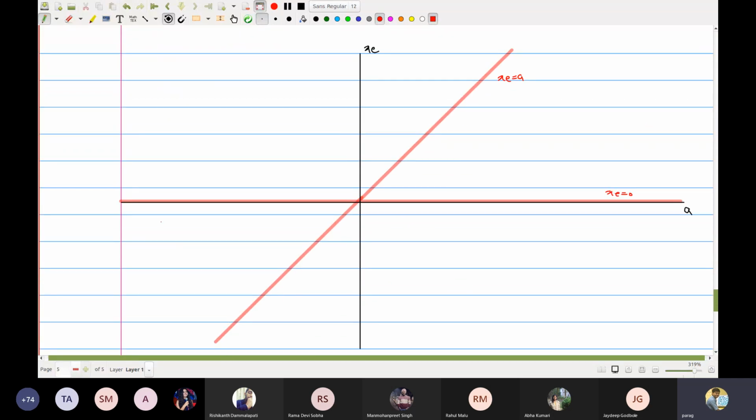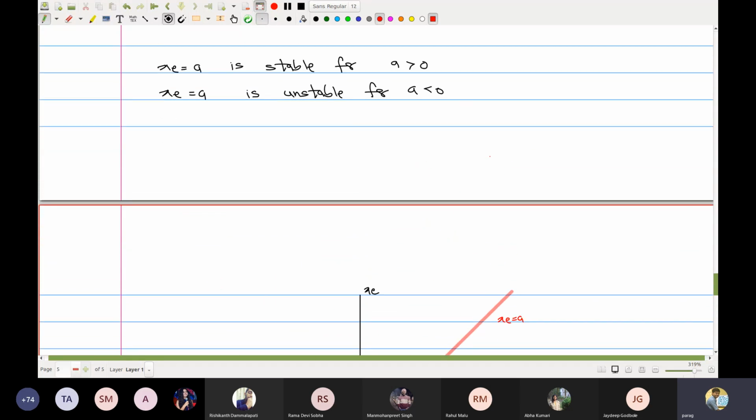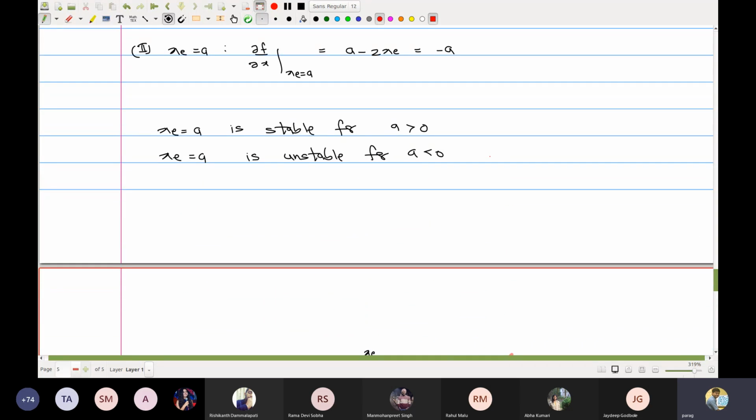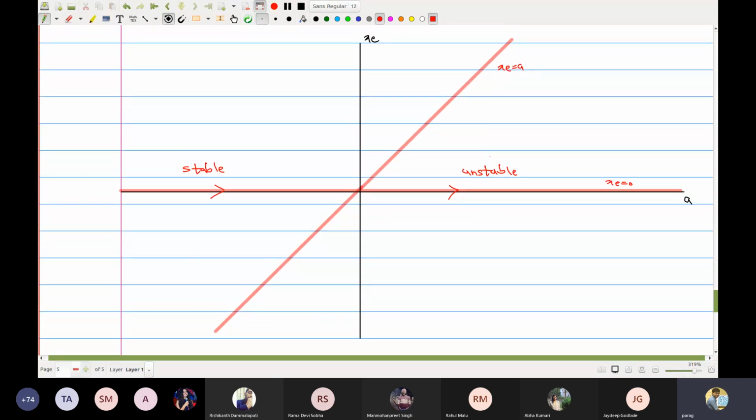So I have this stable and this unstable, right? And then for x is equal to a, stable for a greater than 0. So this is stable and this is unstable. You see how different all of these behaviors are, right?